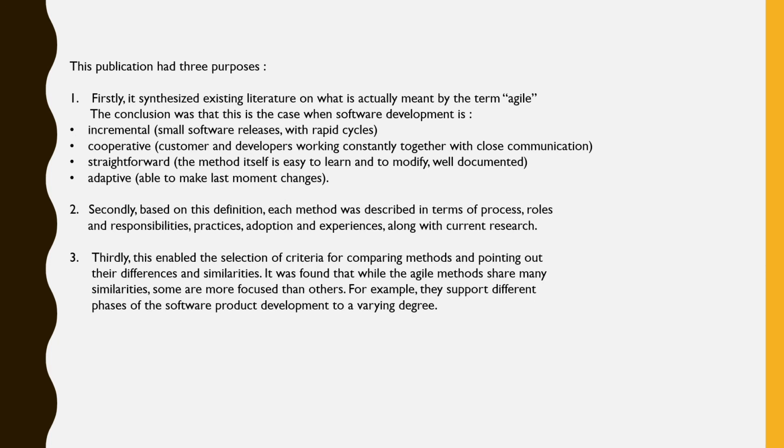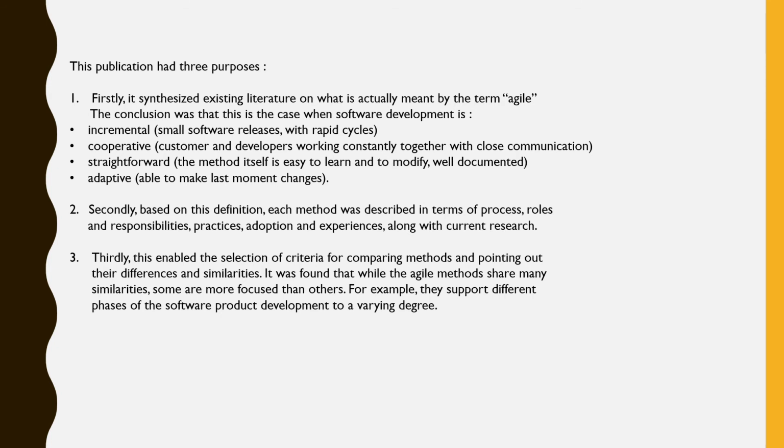So this publication had 3 purposes. Firstly, it synthesized existing literature on what is actually meant by the term agile. The conclusion was that this is the case when software development is incremental, cooperative, straightforward, and adaptive. Secondly, based on this definition, each method was described in terms of process, roles and responsibilities, practices, adoption, and experiences, along with current research.